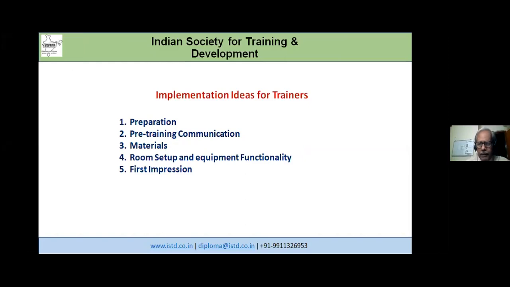I'll begin with that. For doing any training on a particular day, before the training is started, there are various kinds of preparation that one has to make to implement this training process. The preparations are many. Those include making the nominations, inviting the people, and giving them certain pre-training communication: what the topic or title of the training is, what is expected from the training, and what materials participants are supposed to bring with them.